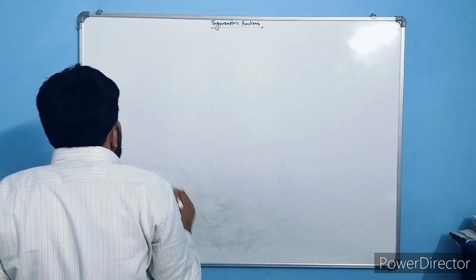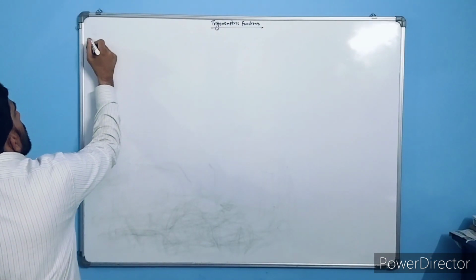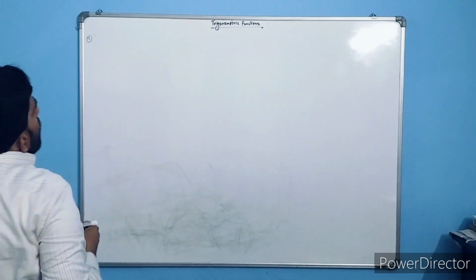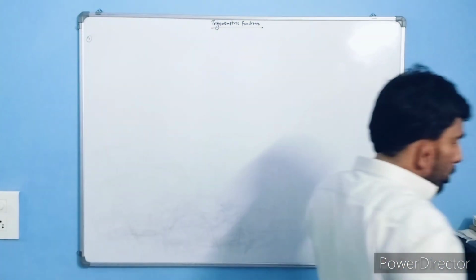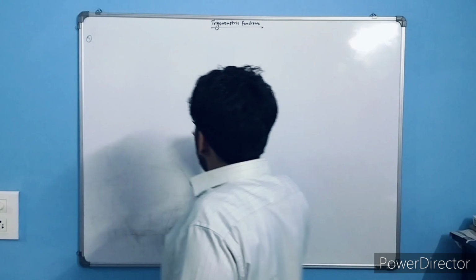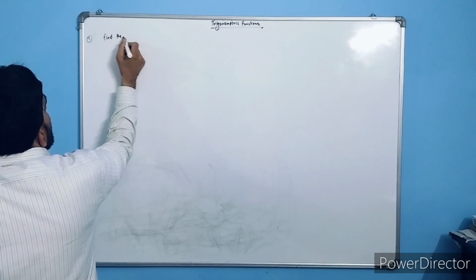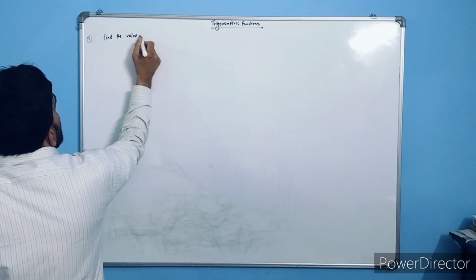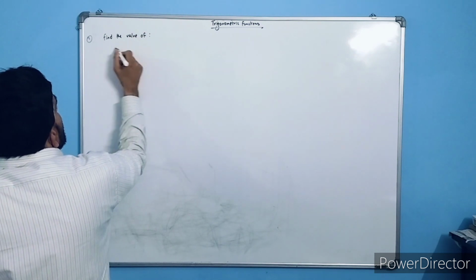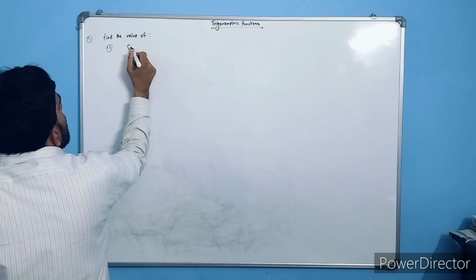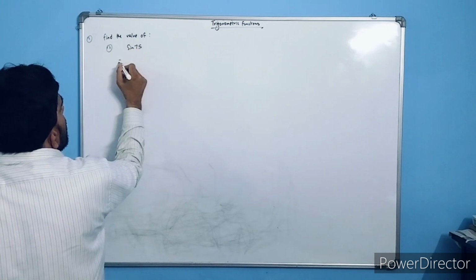Okay, so now let us see the first numerical. They are asking to find the value of sine 75.